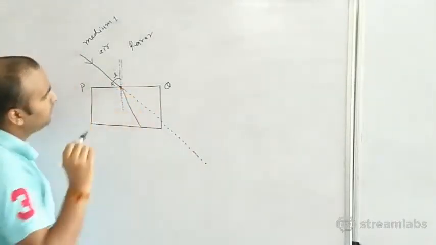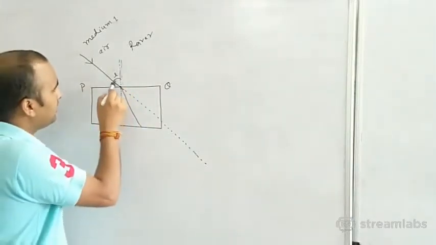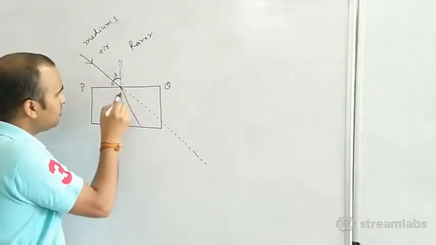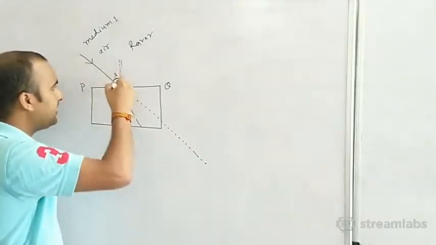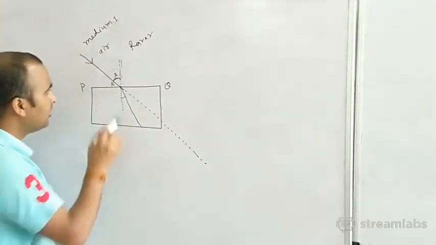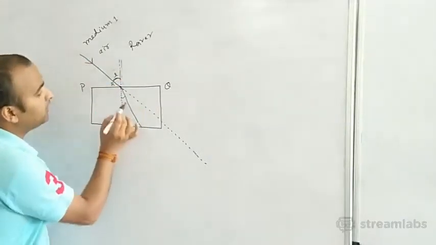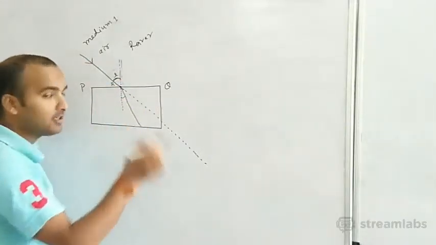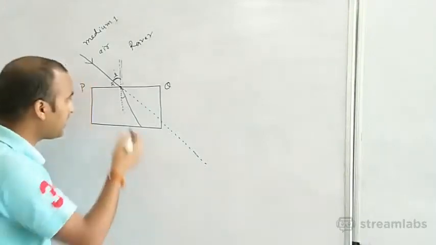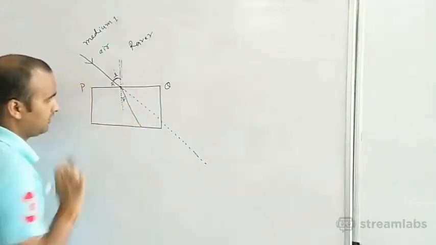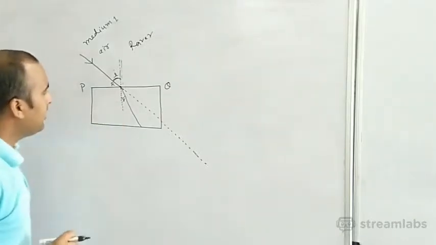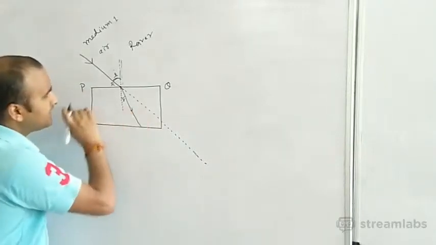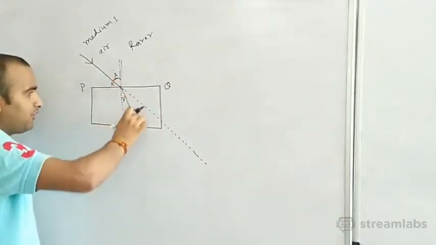The angle between the normal and the incident ray is the angle of incidence, and the angle between the refracted ray and the normal is known as the angle of refraction. So this is r. Inside the glass slab, the path of the light is this way.